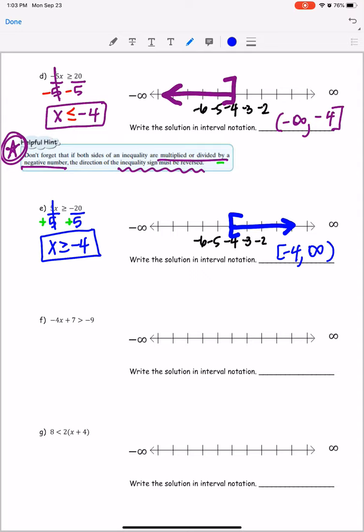Now F and G are multiple step ones. Just be on the lookout for your new exception to that rule. So to get x by itself on F, opposite of adding 7 is to subtract it.